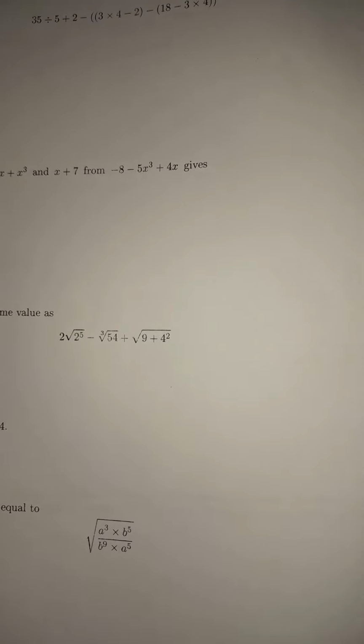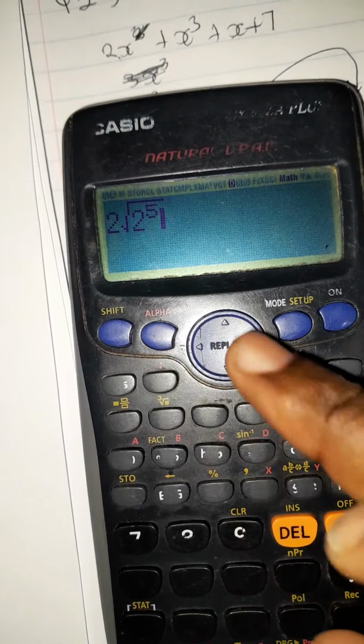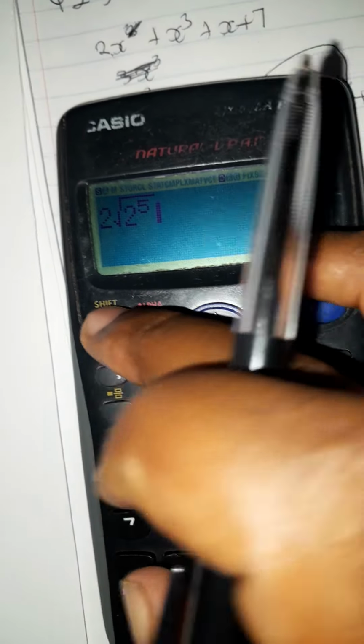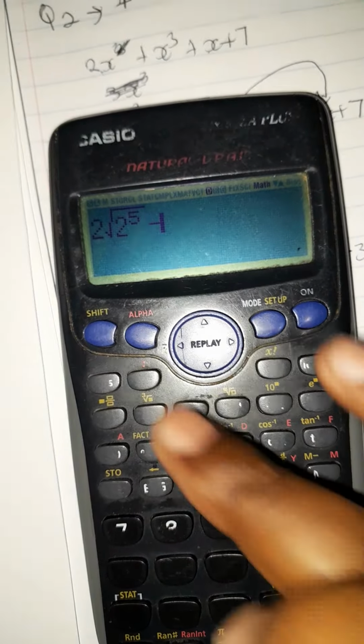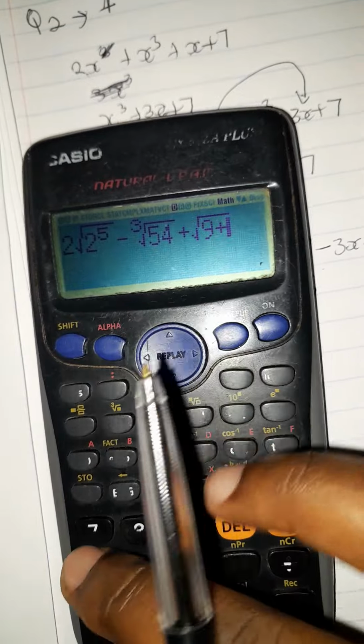2 to the power of 5, subtracted by... no, this is not okay. I'm supposed to put the subtraction here. Then cubic root of 54, plus root 9 plus 4 squared there.